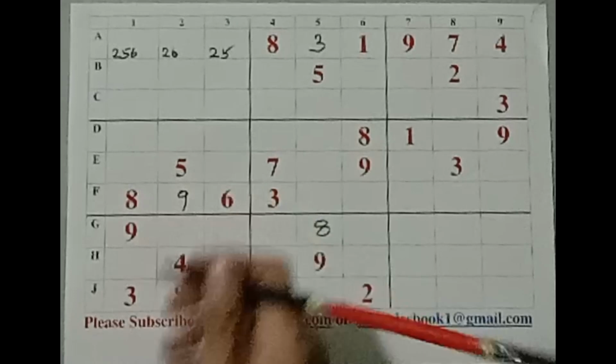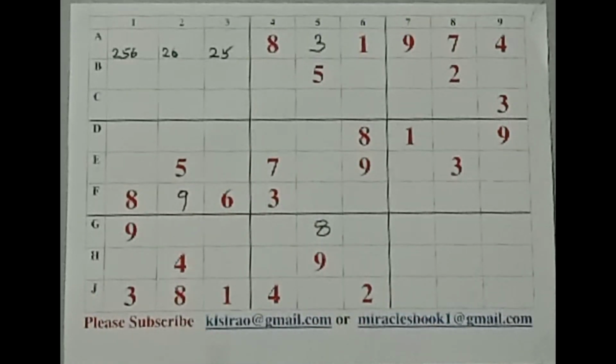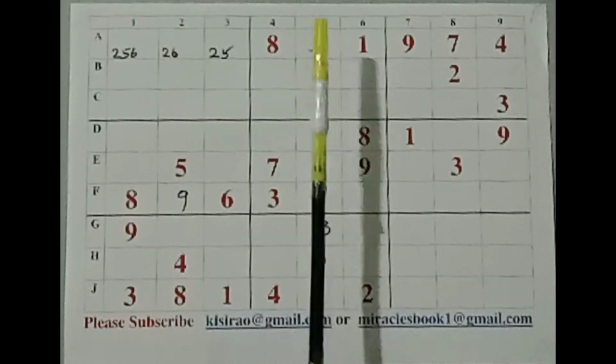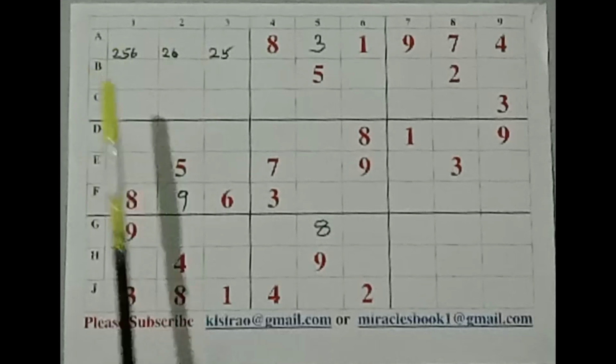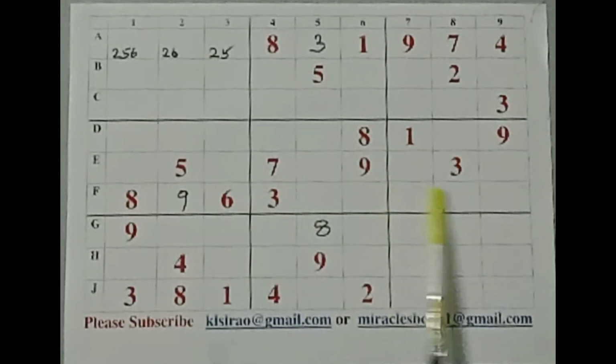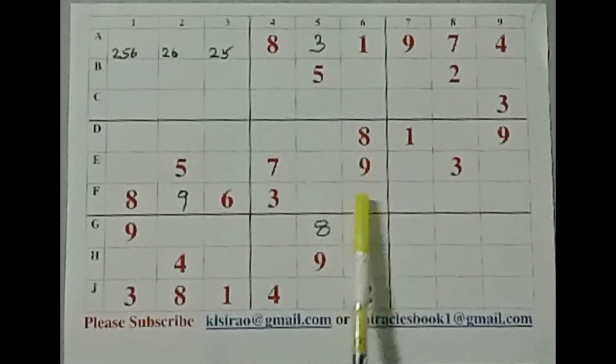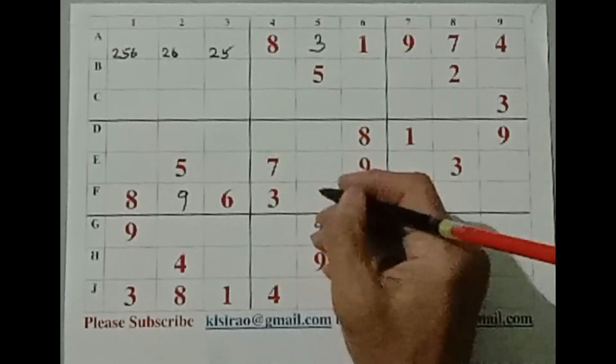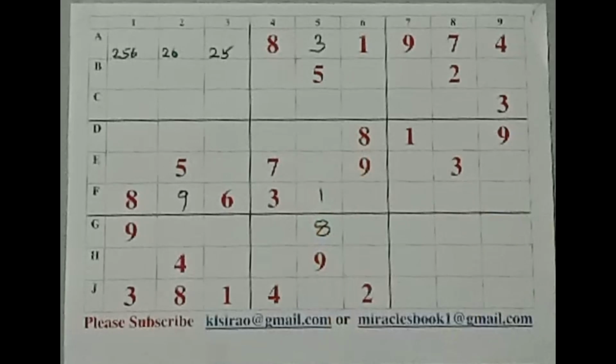That's number 9. And now, look, just as we have found that trio there, here in this strip, this one blocks these 3 cells and this one blocks this cell. Therefore, we can get our number 1 here.